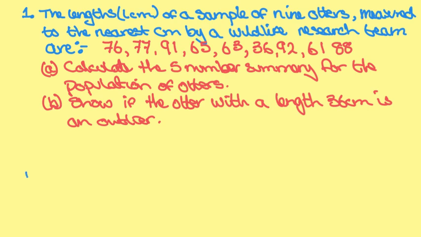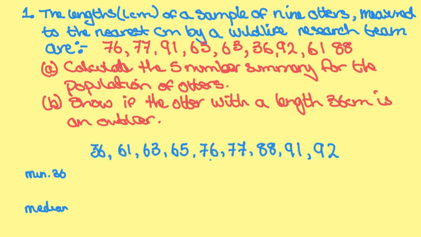So the minimum is 36. We'll do the median next. The median is the middle number. Because there is an odd number of values, there will be a middle number, which is 76. The maximum is 92.